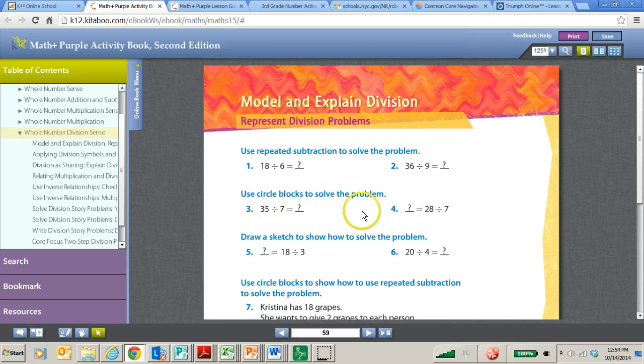It doesn't matter the order. So this quotient could come at the end, it could come at the beginning. The outcome is always the same. So they can work out 18 divided by 3 and draw a model, whatever they prefer, whether it be a number line, or dividing things into circles, or an array, and then they could come up with the answer to that solution.